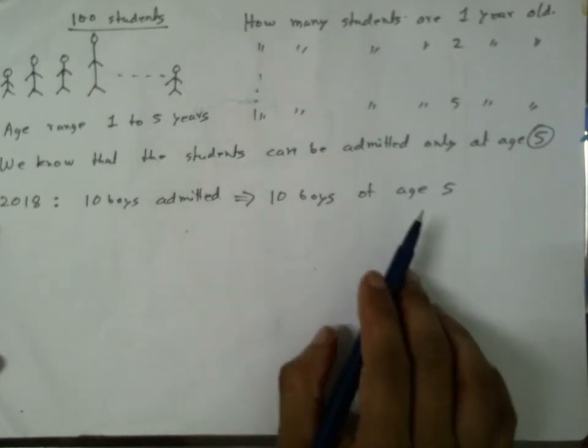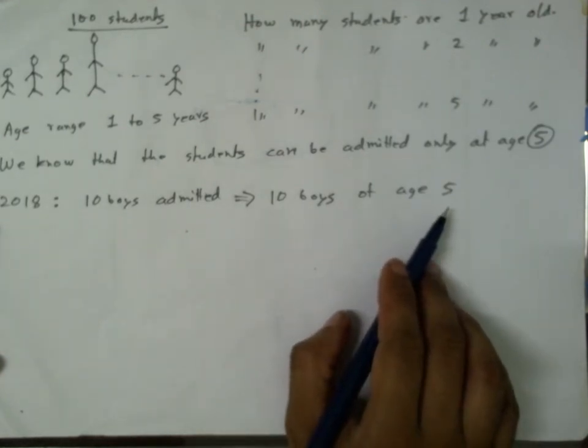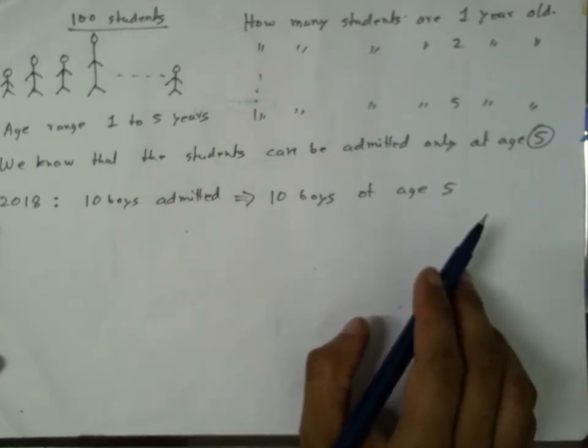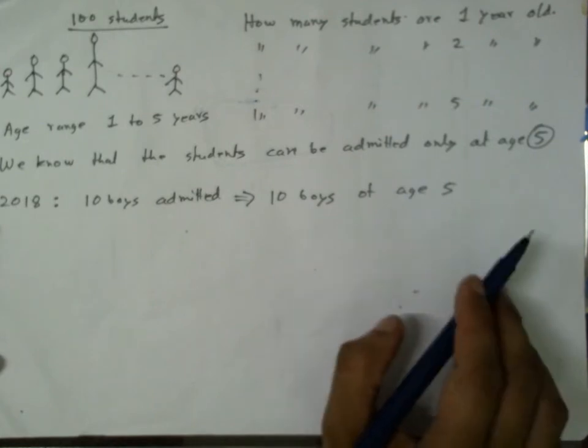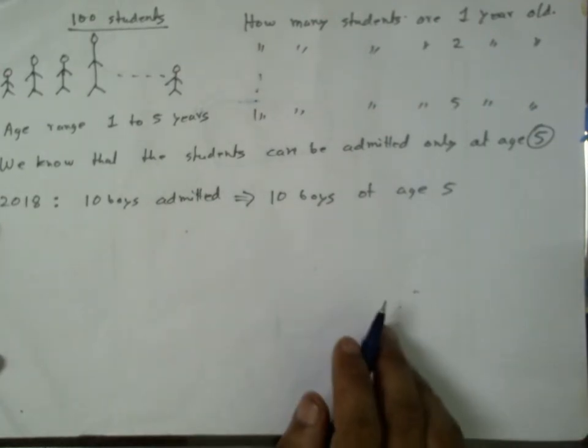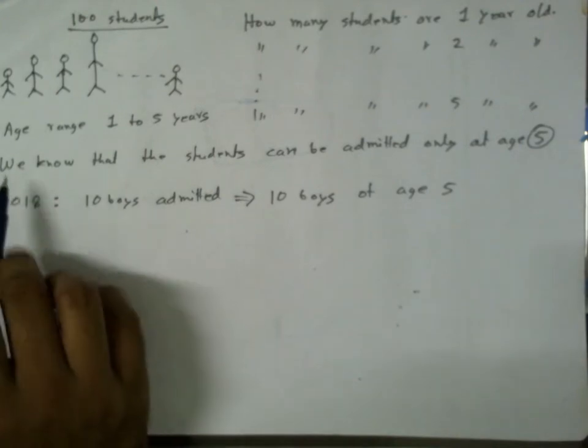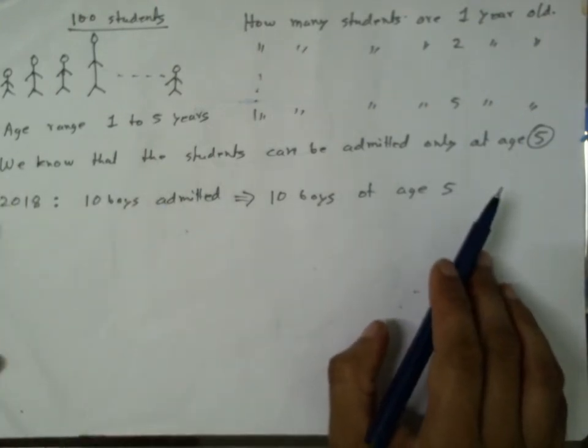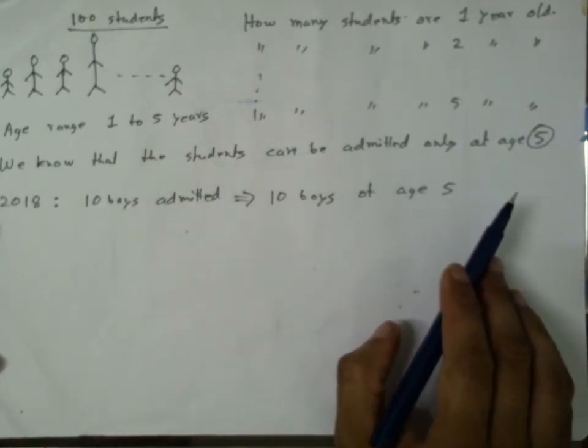Okay, so now I know how many boys are of age 5. Next question is how many boys are of age 4 or 3 or 2 or 1, and so on. But this is the only thing that I can observe, that is, when they get admitted in school.